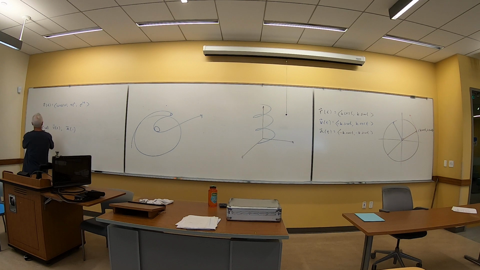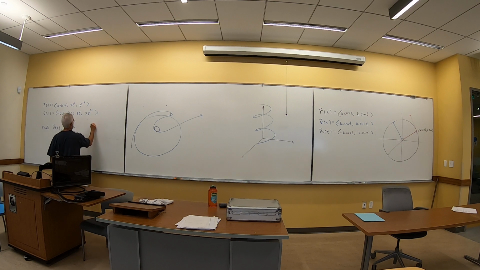So let's find v of t first. What's v of t? Negative 6 sine 2t, 8t, 3e to the 3t.